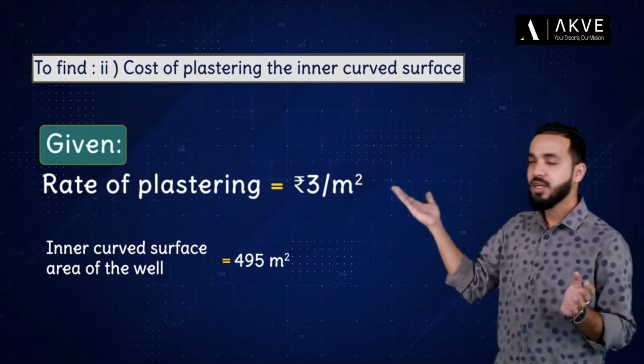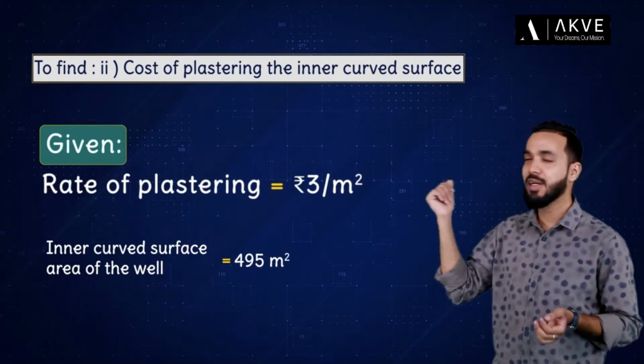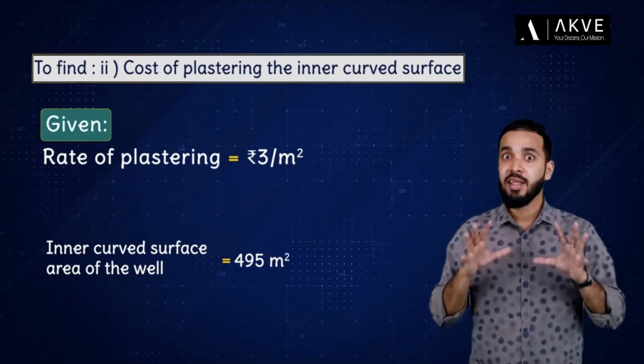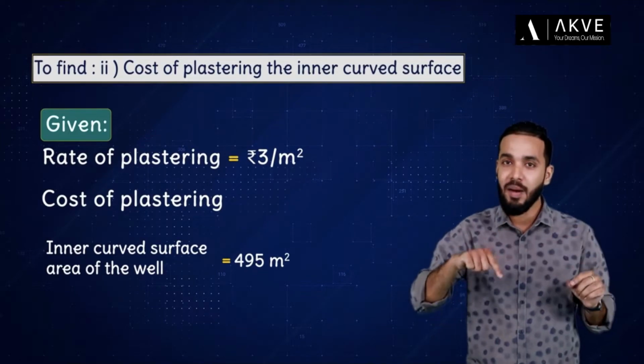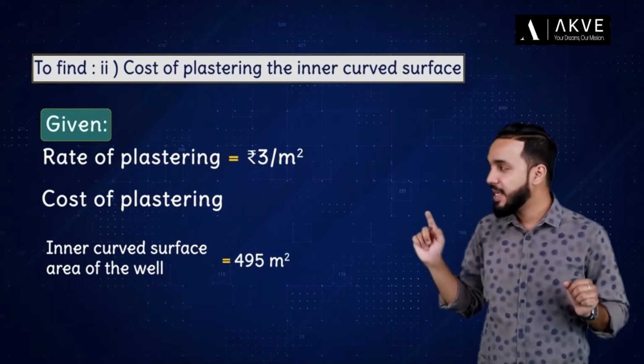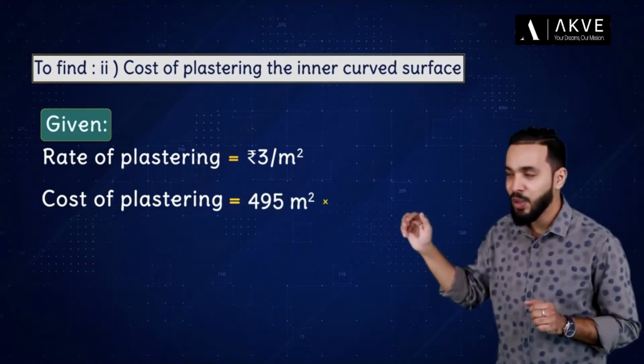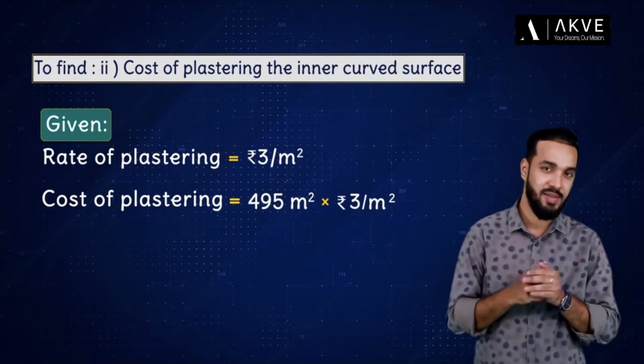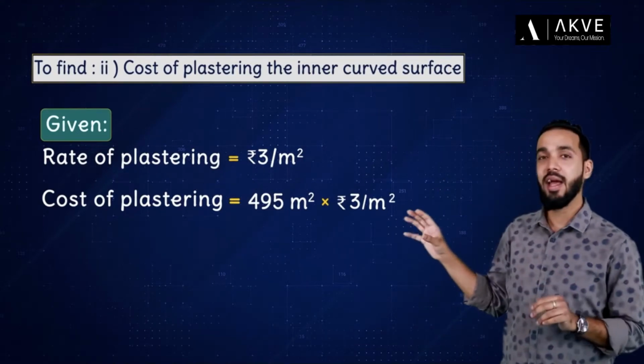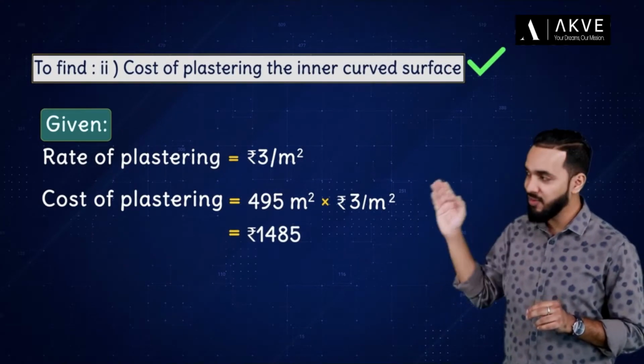Now, the cost of plastering is given as rupees 3 per square meter. So basically, the total cost of plastering the complete inner curved surface is equal to 495 square meters into rupees 3 per square meter. On simplifying, we get rupees 1485.